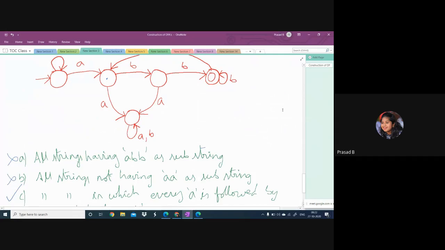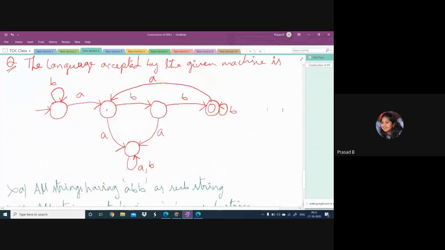So let us check. Suppose B comes; as long as B comes, no problem. If A comes, every A needs minimum 2 bits. Again A, minimum 2 bits, or it can be more bits. So as long as it is B, and then A, then one B and a second B, it can be any number of bits. Again A comes, it will come back to reach the final.